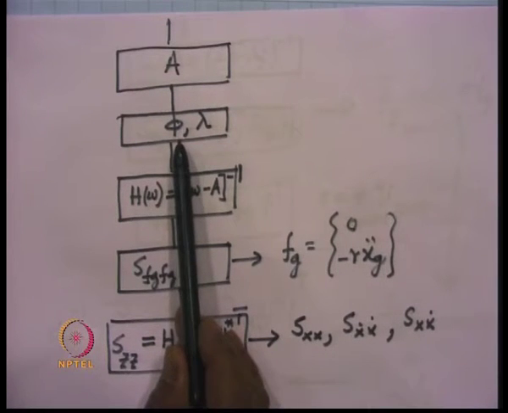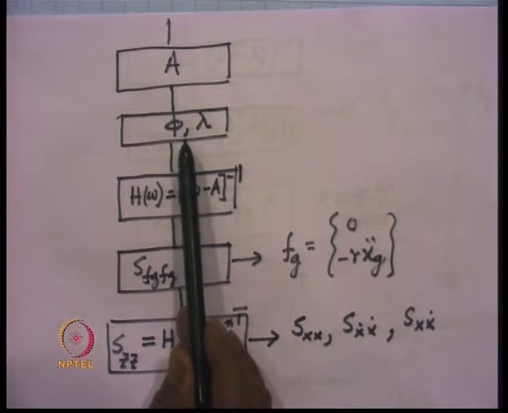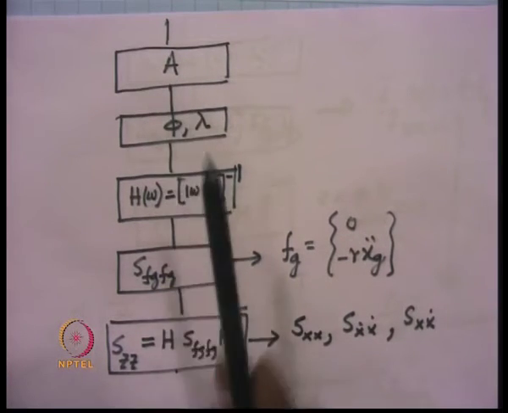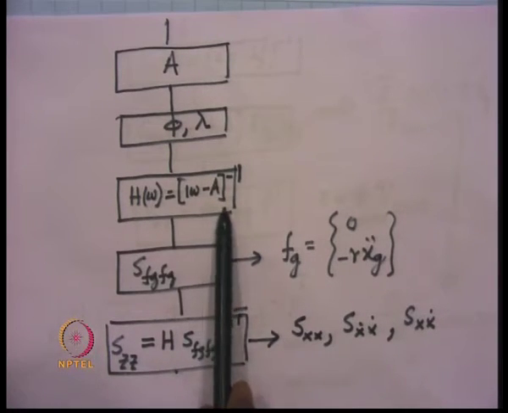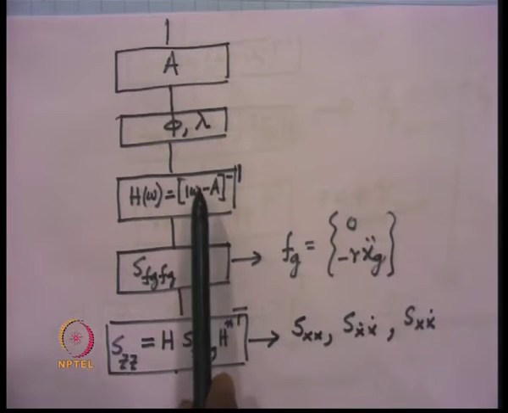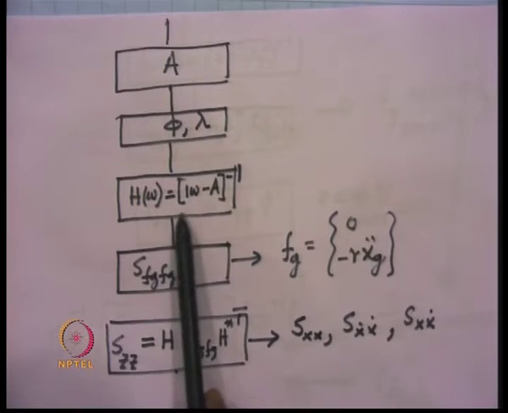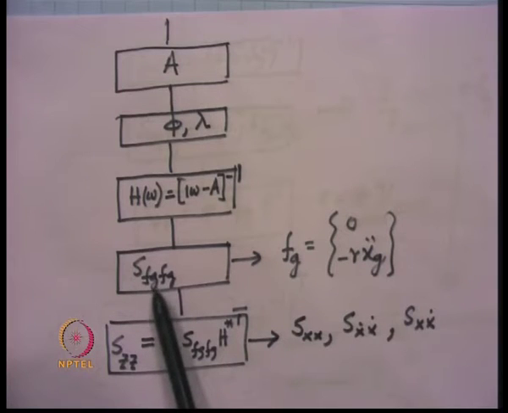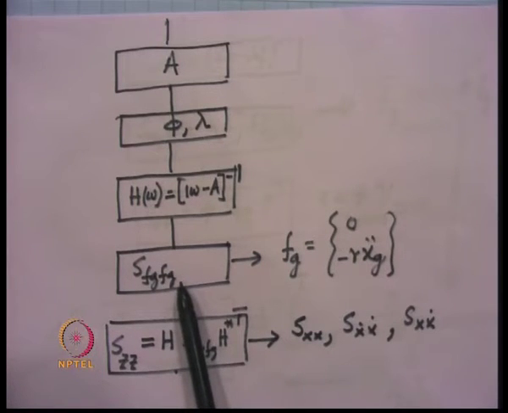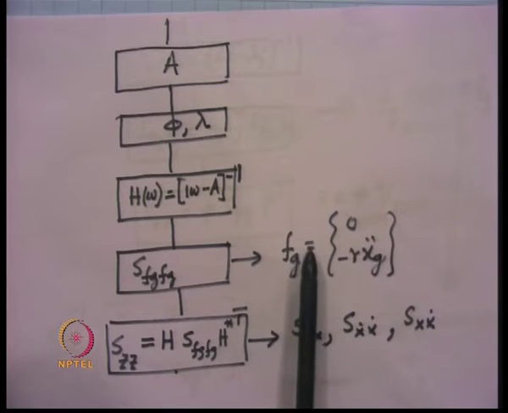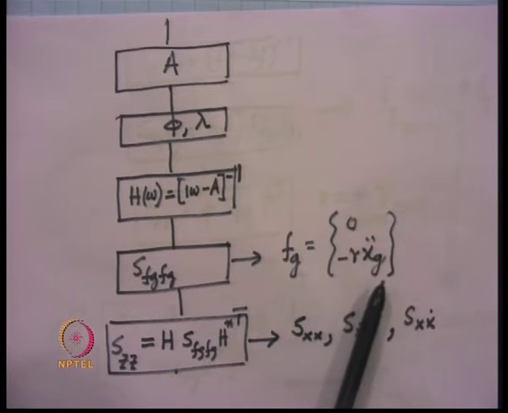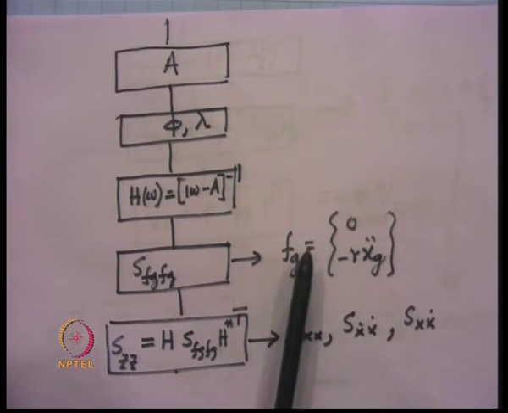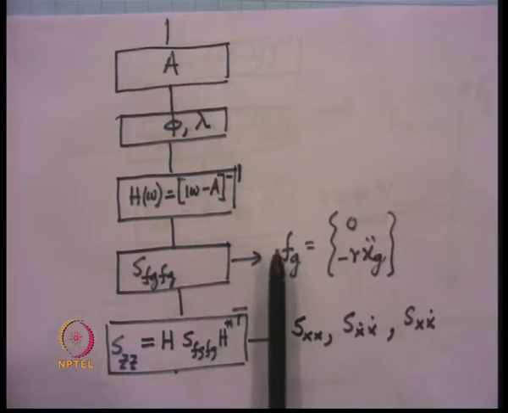Then we obtain the eigen values and eigen vectors of matrix A and obtain the frequency response function matrix using matrix A and an identity matrix I. Then we obtain SFG matrix, that is the power spectral density function matrix of Fg vector, which consists of 0 and minus Rx double dot G, and how to construct SFG that I had described just before.